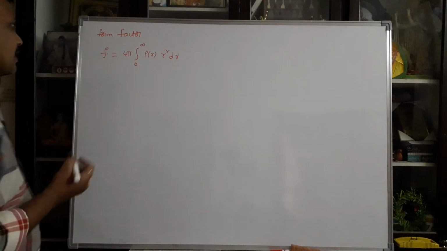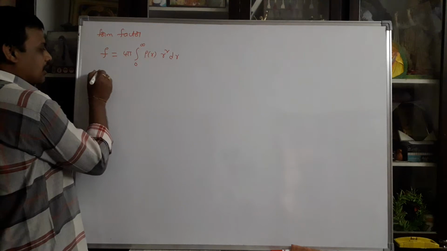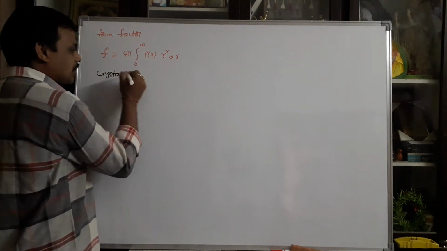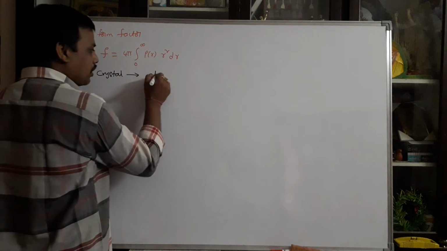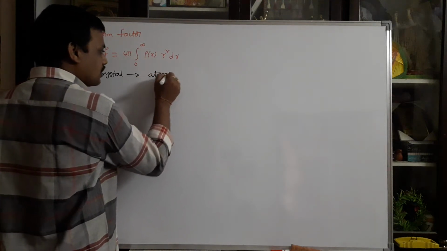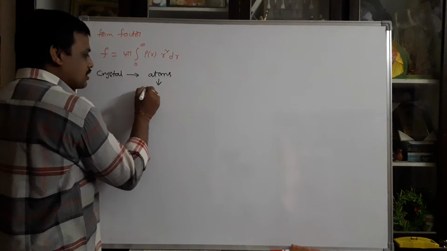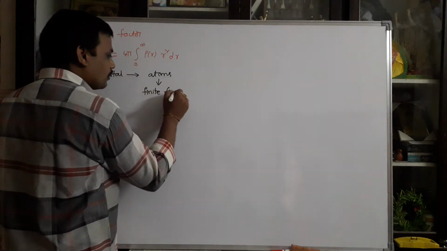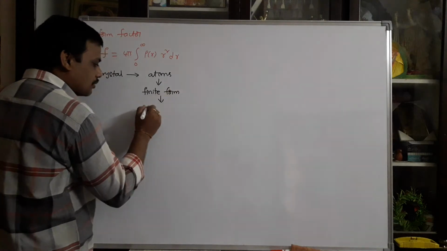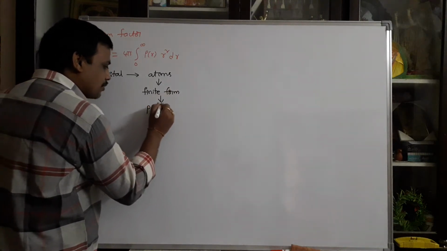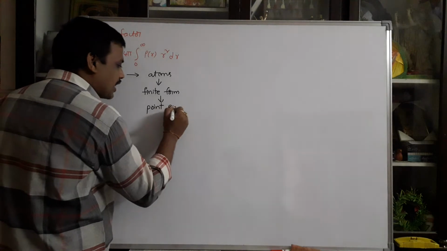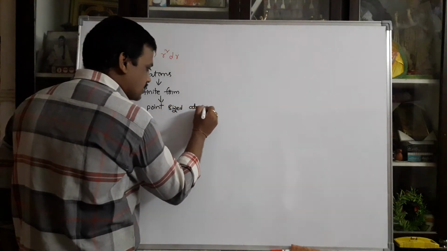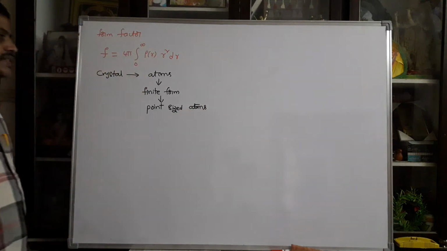In the calculation, you can take the crystal as a periodic arrangement of atoms. These atoms can be assumed to be point-sized atoms, which means very tiny particles.